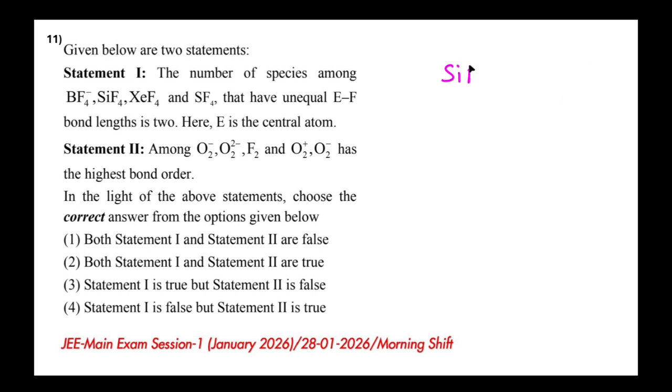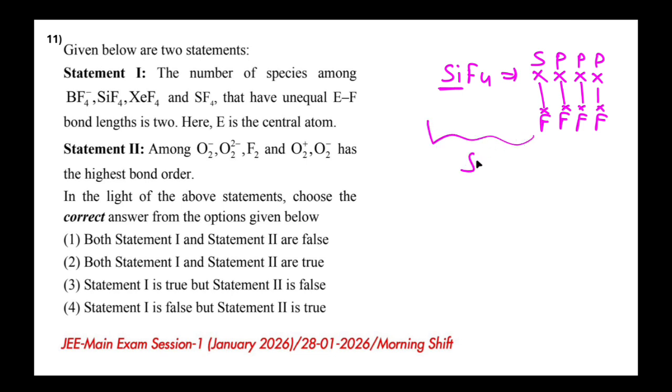Next, SiF4. Here the central atom is silicon. Silicon belongs to the 14th group, so valence electrons are 4. It is bonded with 4 fluorine atoms, each fluorine contributing 1 electron. So SiF4 also undergoes sp3 hybridization with 0 lone pairs.